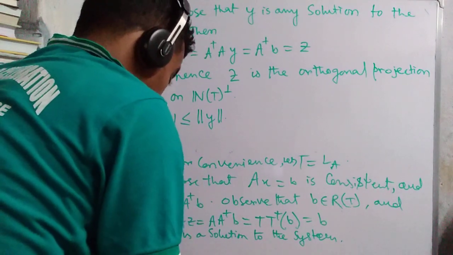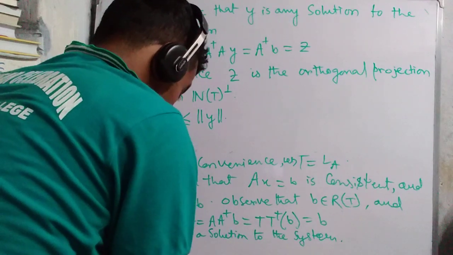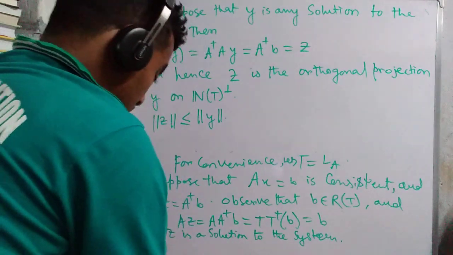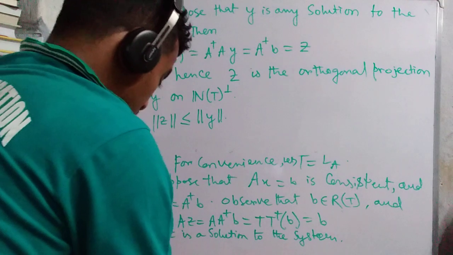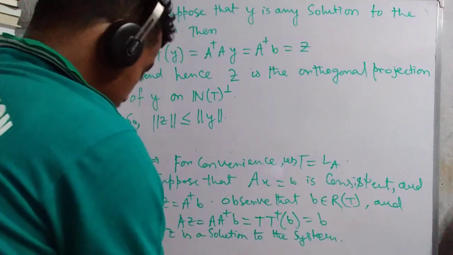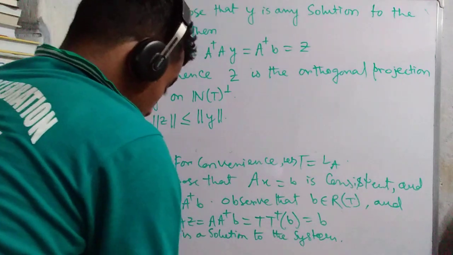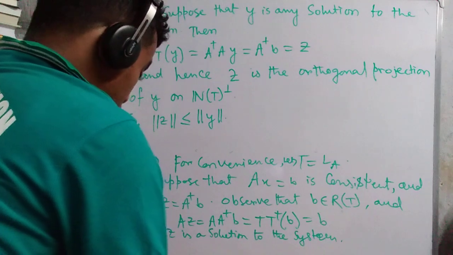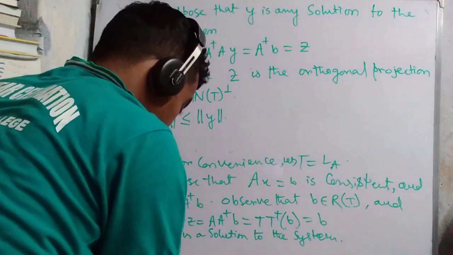How this one is happened. That means we also know that the vector u is unique, the closest to y. Okay, so in this way this one is done. Norm z less than equal to norm y. Okay.